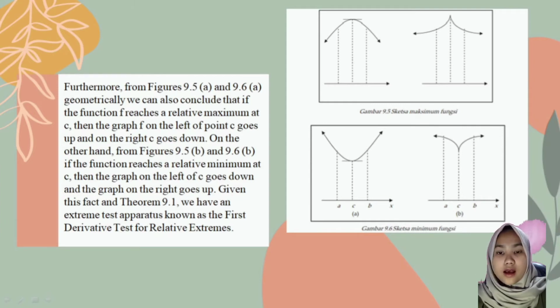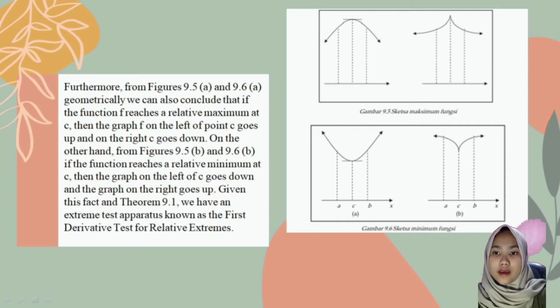On the other hand, from figures 9.5b and 9.6b, if the function reaches a relative minimum at c, then the graph on the left of c goes down and the graph on the right goes up.